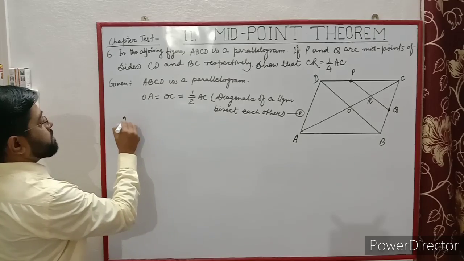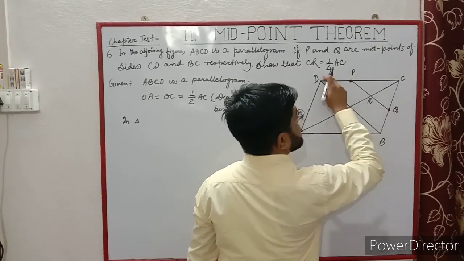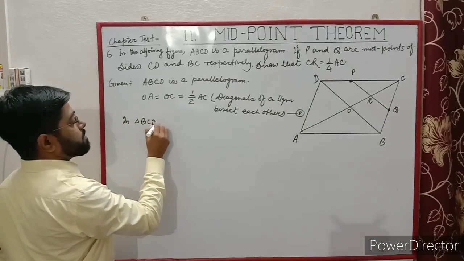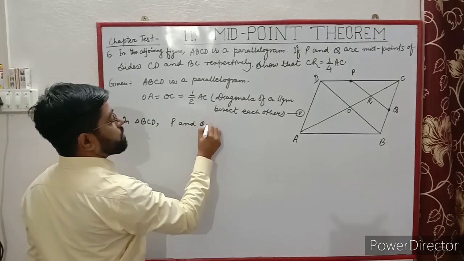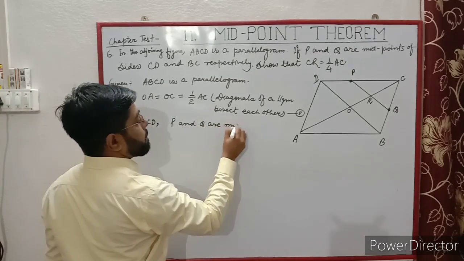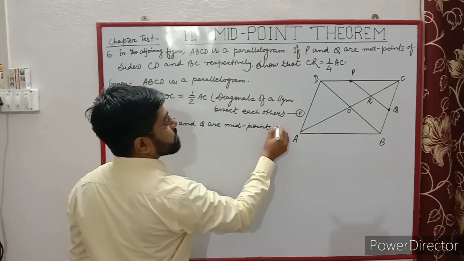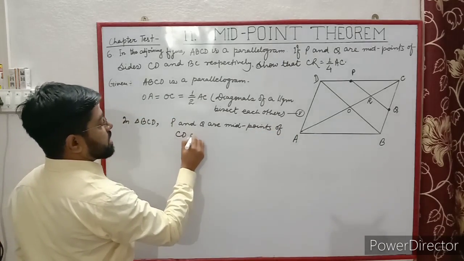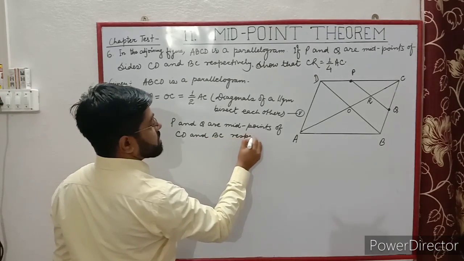Now in triangle BCD, P and Q are midpoints of sides CD and BC respectively.